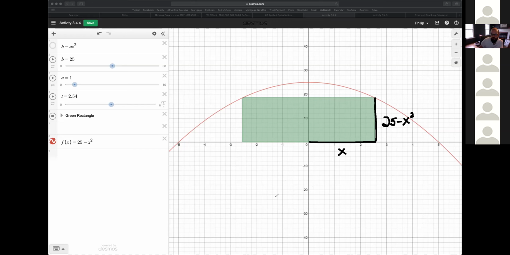So what we want to do is come up with an area equation. What is the area of our rectangle based on x? I'm going to switch over to the Blackboard so it's easier for me to write.